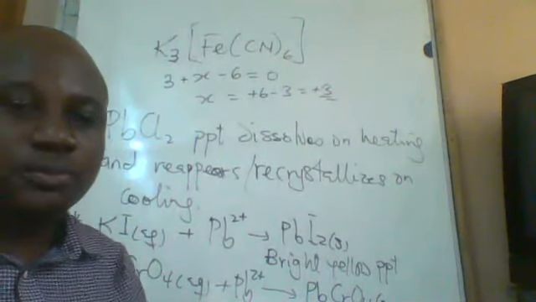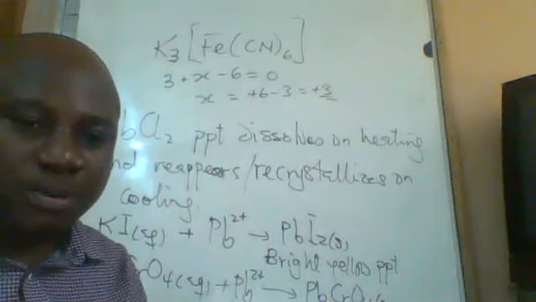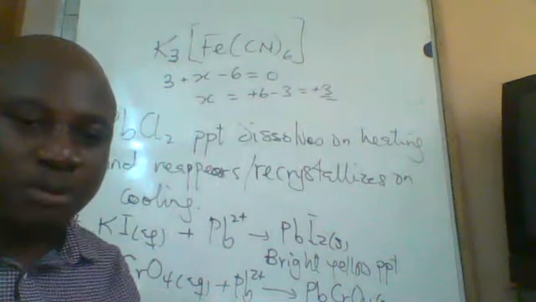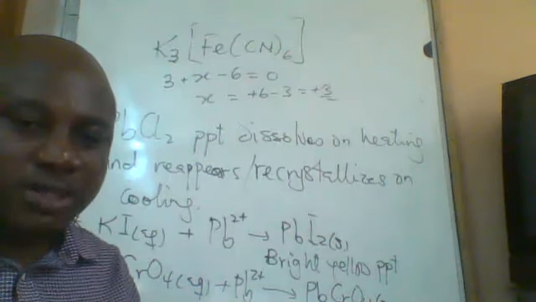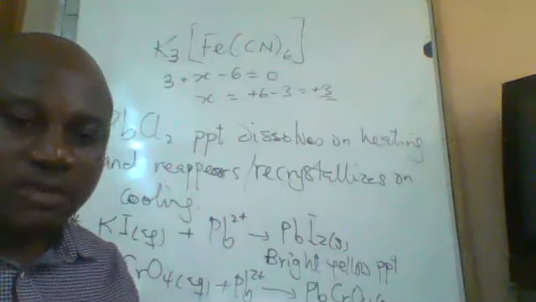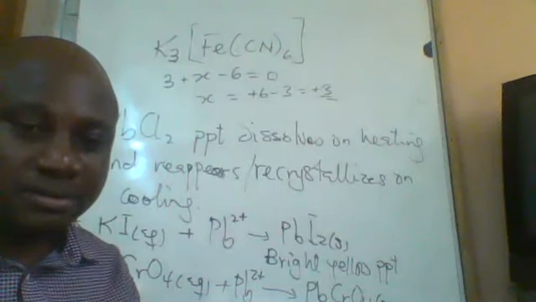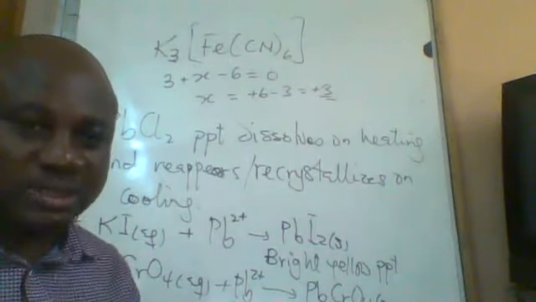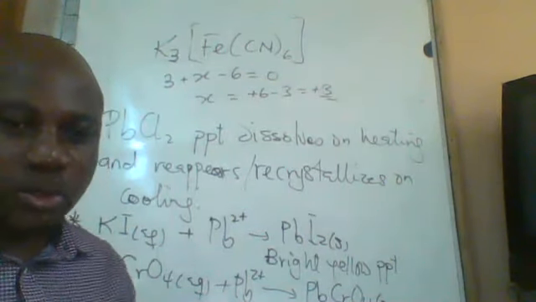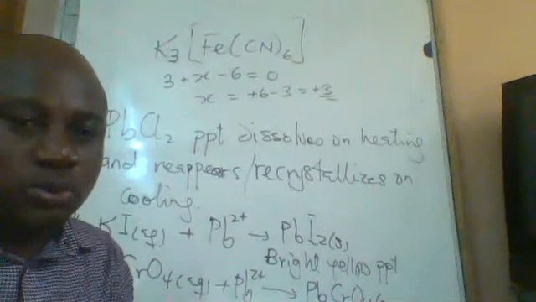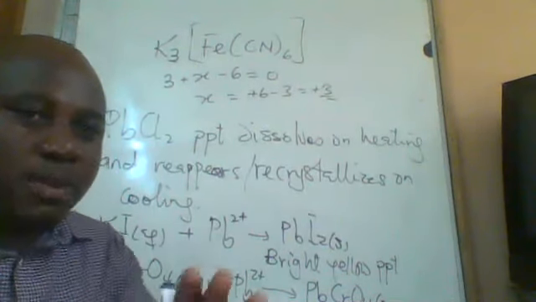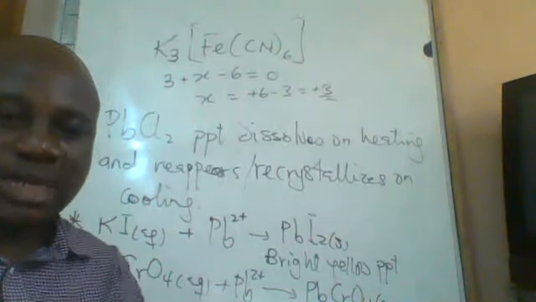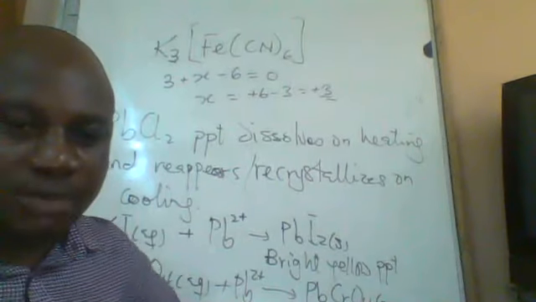Dark blue PPT will be formed. But if you are using potassium hexacyanoferrate 2, that one will give us white PPT, which will tend to dark blue on standing. When you leave it for some time, the white PPT will tend to dark blue PPT.